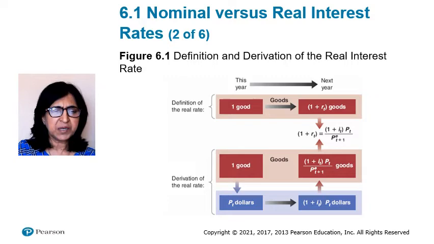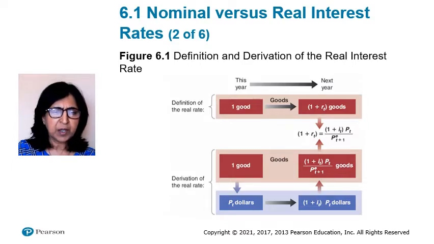If you loan money today in terms of goods, say a cup of rice, then after 1 year you get back a little over 1 cup of rice. The extra rice you got is the real return on your loan. One good today is after 1 year equal to 1 plus r_t goods. To derive the formula for the real rate, start by considering you invested in one good by buying it for its price P_t.